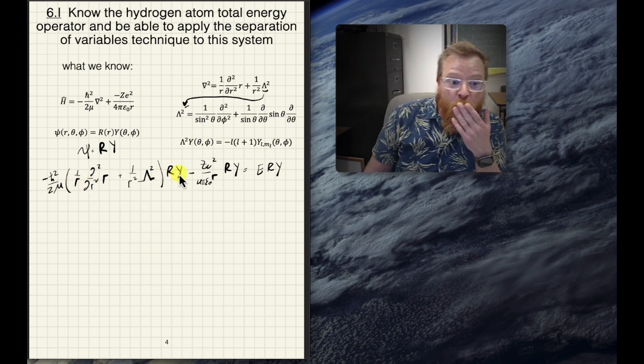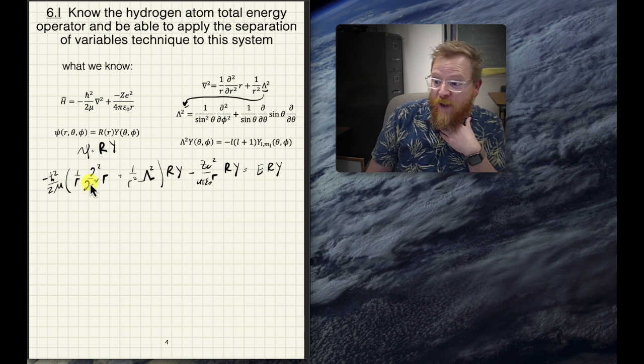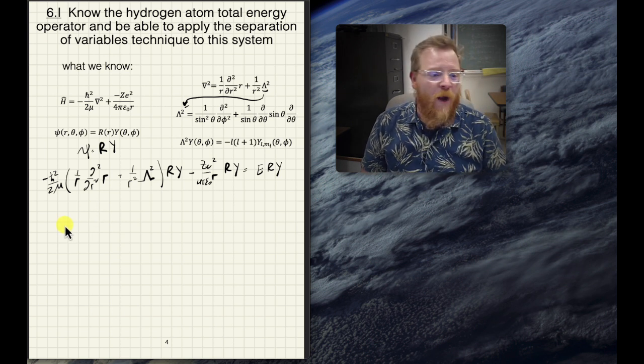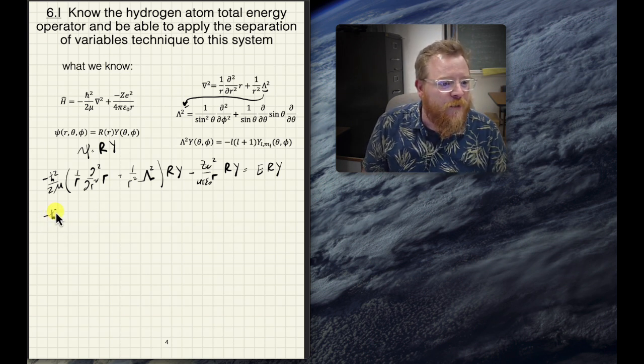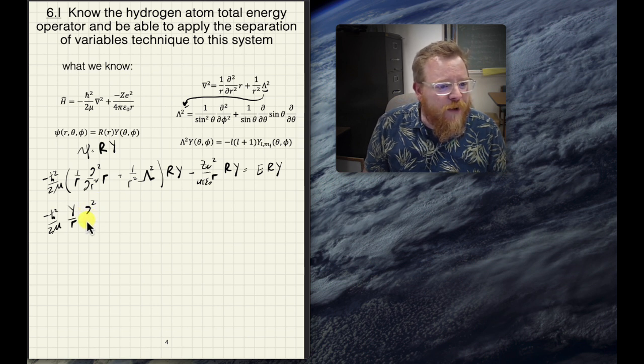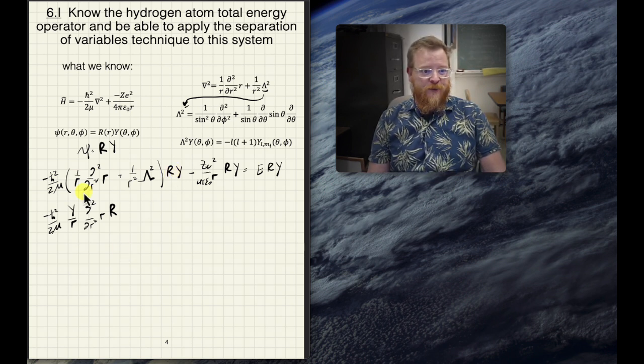And I'm going to note that y will not depend on the second derivative in r, so we can bring that out to the front of the expression. So that's going to go as the following: negative h bar squared over 2 mu times big Y over r, and now the second derivative of r squared r of r. Okay, so that was applying this term through to this term.